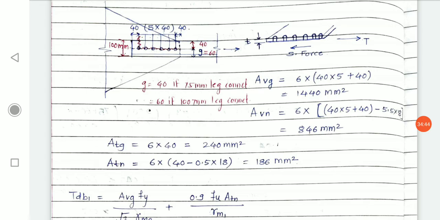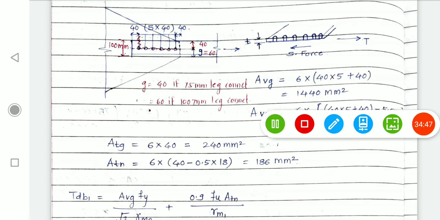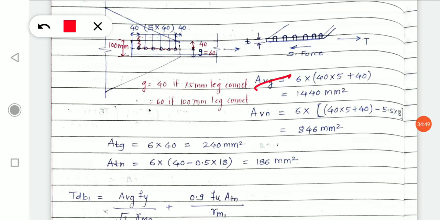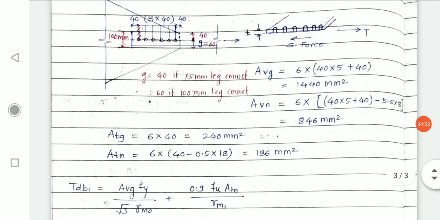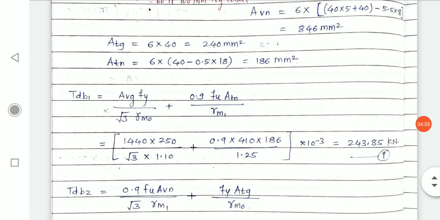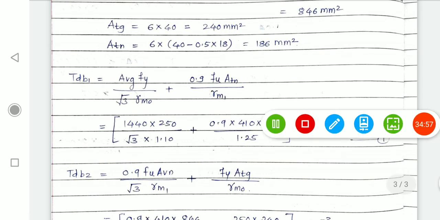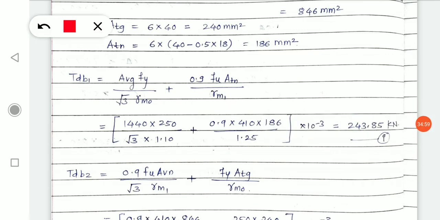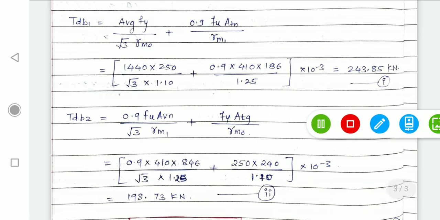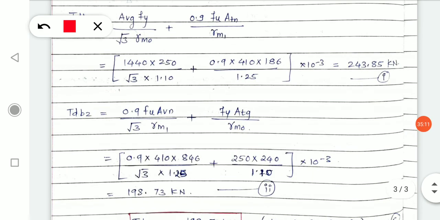Once we calculate all these 4 areas, then the calculation is simply putting values in the formula. First you put the values of AVG, ATN, then AVN, ATG, and calculate the answer for these two, TDB1 and TDB2.